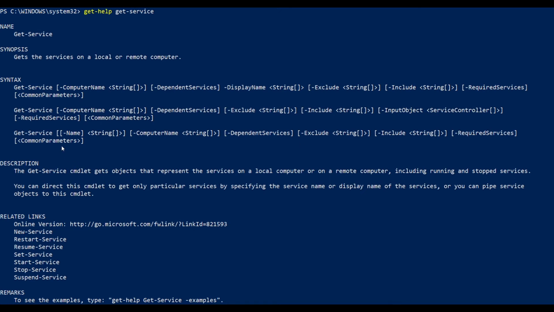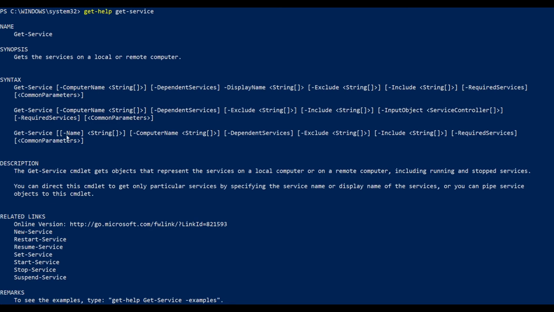And the third syntax is entirely different from these two syntaxes. So the parameter set itself is entirely different. In the third syntax, we see hyphen Name as the first parameter, which is the service name basically. So the first and second syntaxes don't have hyphen Name.